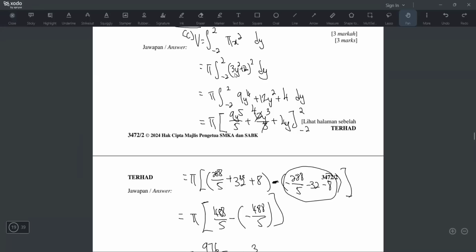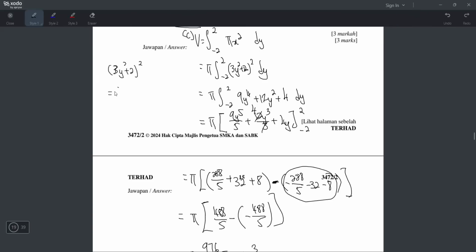So when you square, 3y, 9y to the power of 4. So you get 9y to the power of 4 plus 6y squared, so 12y squared, plus 4.